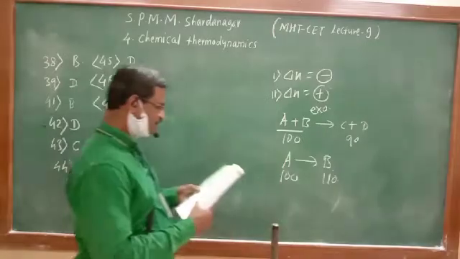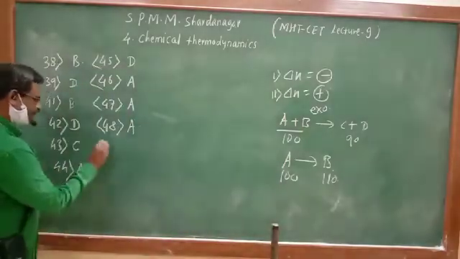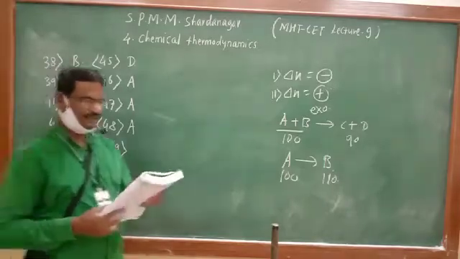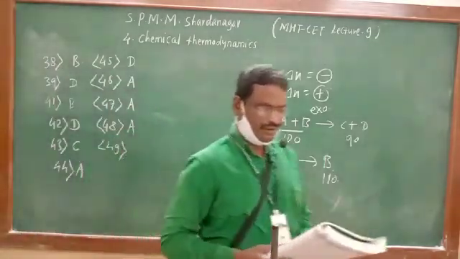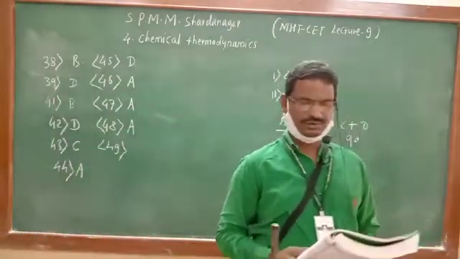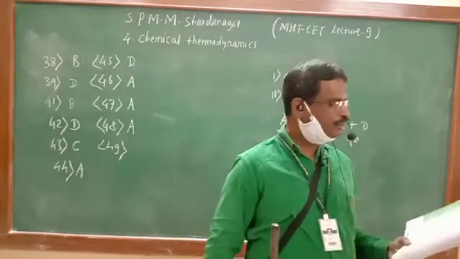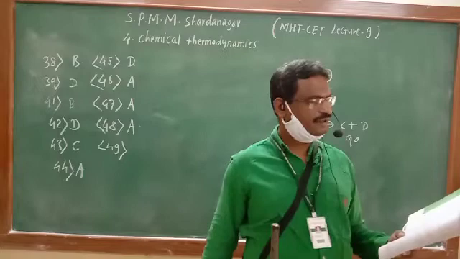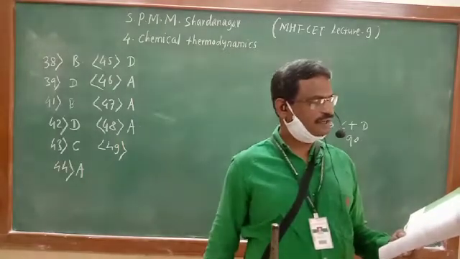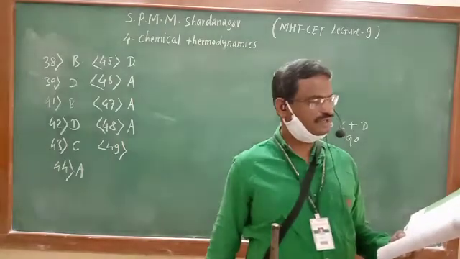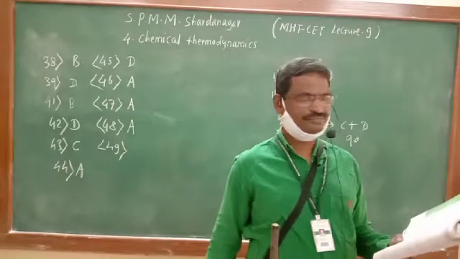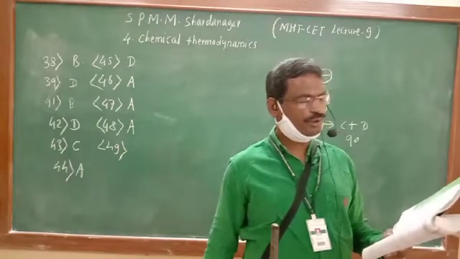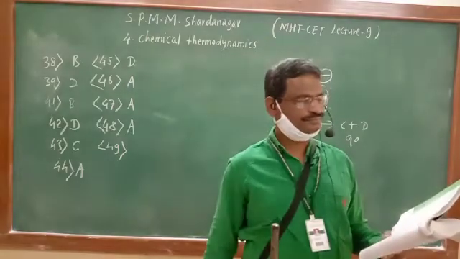Next question, question number 49. Conversion of oxygen to ozone represented by 3O2 giving 2O3 is an endothermic reaction. The enthalpy change delta H accompanying the reaction is? 3O2 is converted to 2O3.